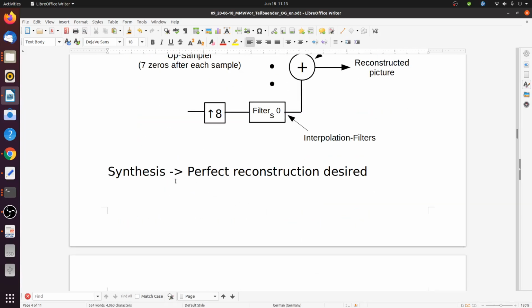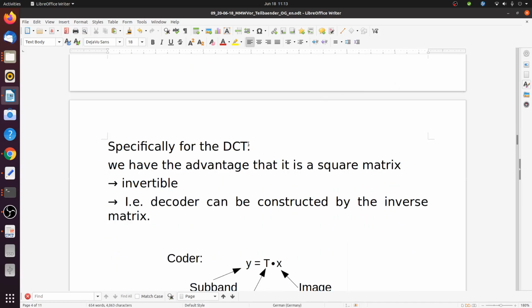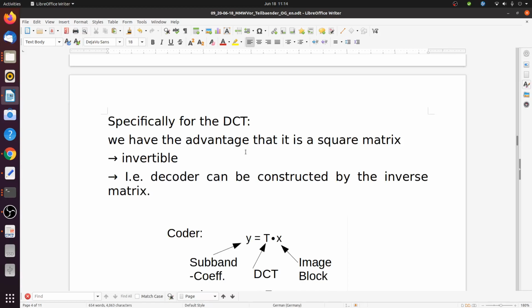And perfect reconstruction is desired if we don't make any changes in between. We want to have the reconstructed image identical to the original image. And for the DCT filter bank, this is easy because we can also represent it by this square matrix multiplication, and since it's a square matrix, it's invertible.